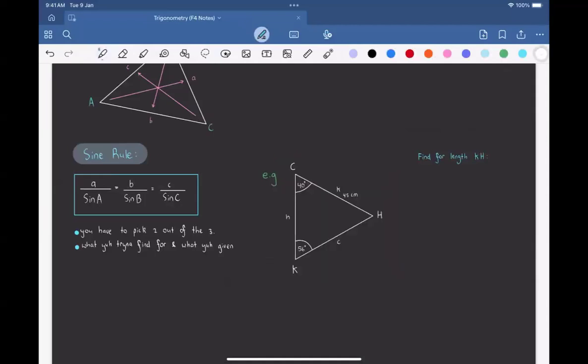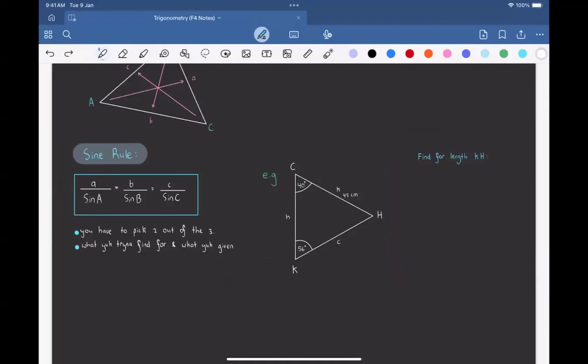All you're doing is replacing the A, the B and the C. You write the same with H, C and K. Instead of A, you write in C, or whoever you want. I'll write it.